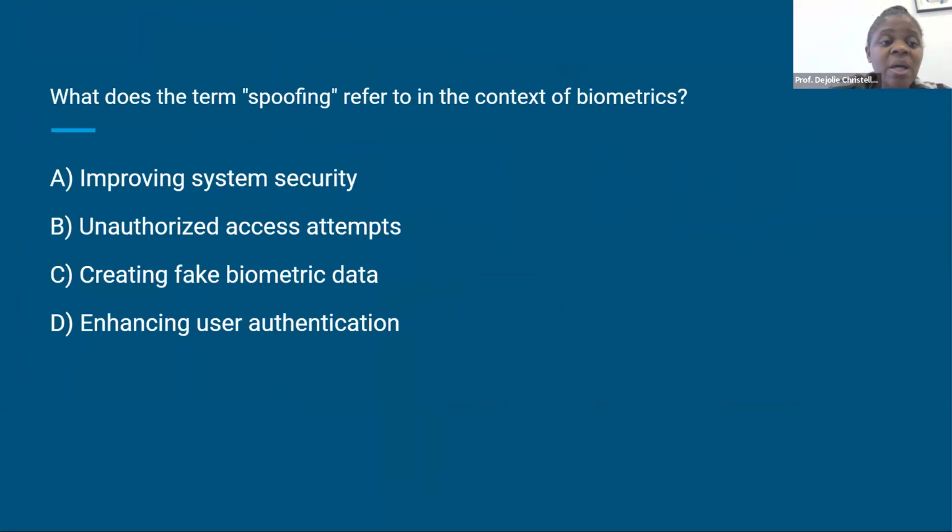Very important. So what does the term spoofing refer to in the context of biometrics? Is it improving system security, unauthorized access attempts, creating fake biometric data? Is it enhancing user authentication? What does spoofing mean?